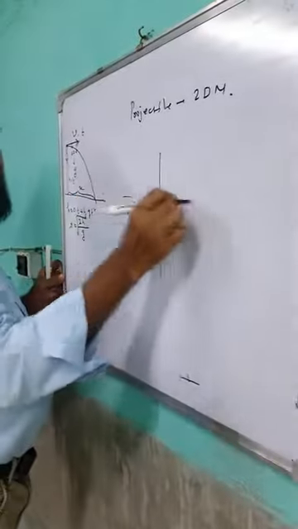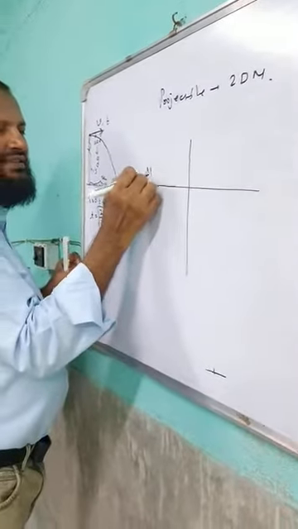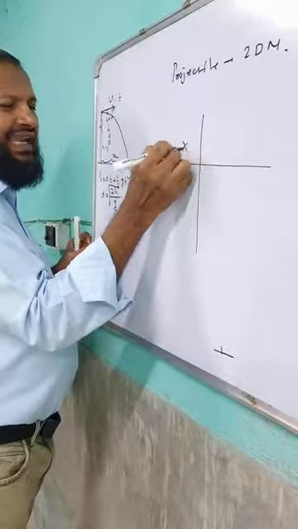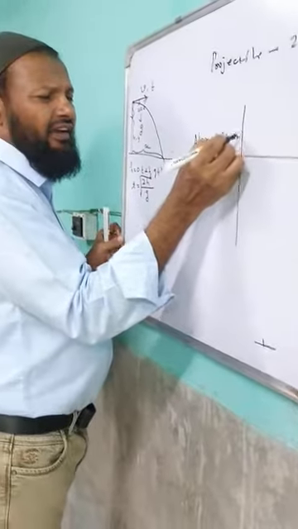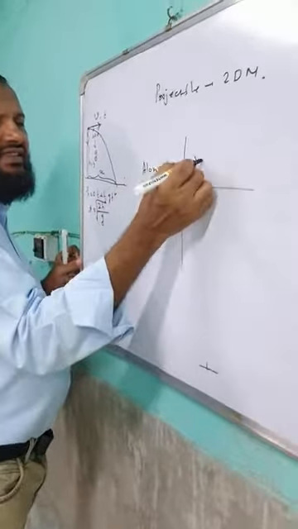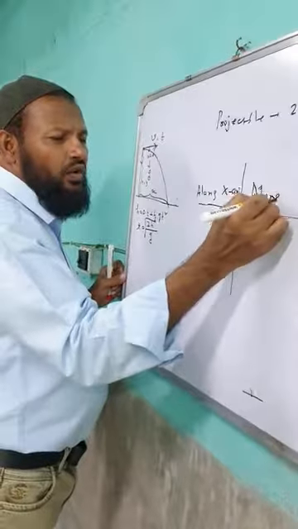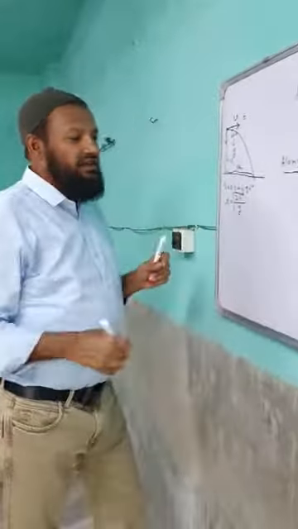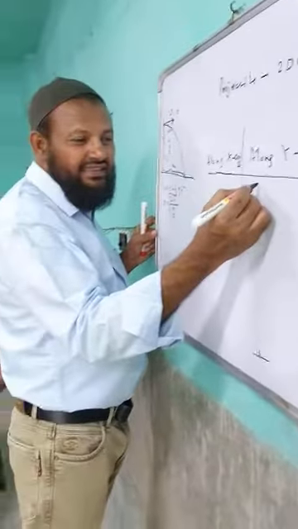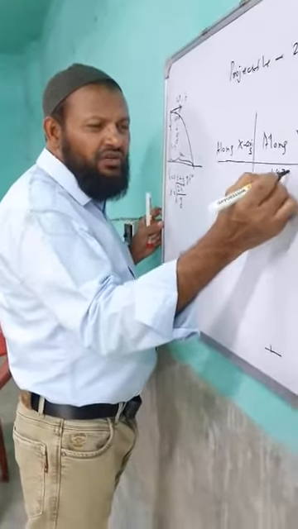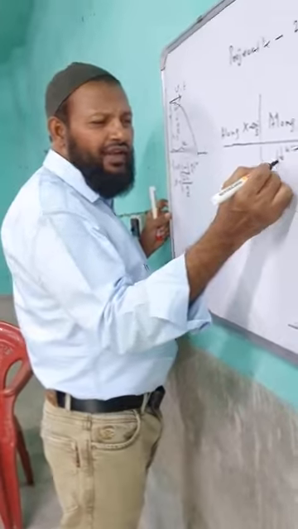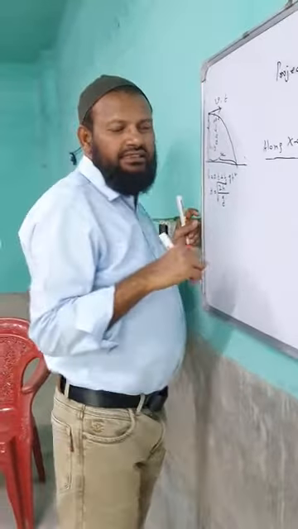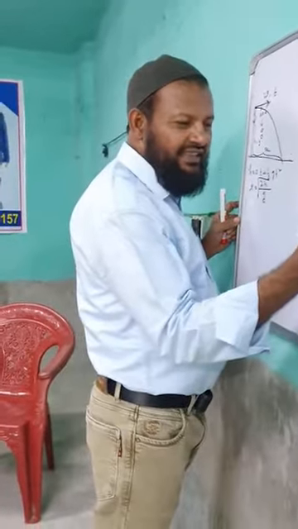Along x-axis, please write down like this. Along x-axis, along y-axis. First start along y-axis. Initial u equal to 0, in this direction g, and in this direction this is h.